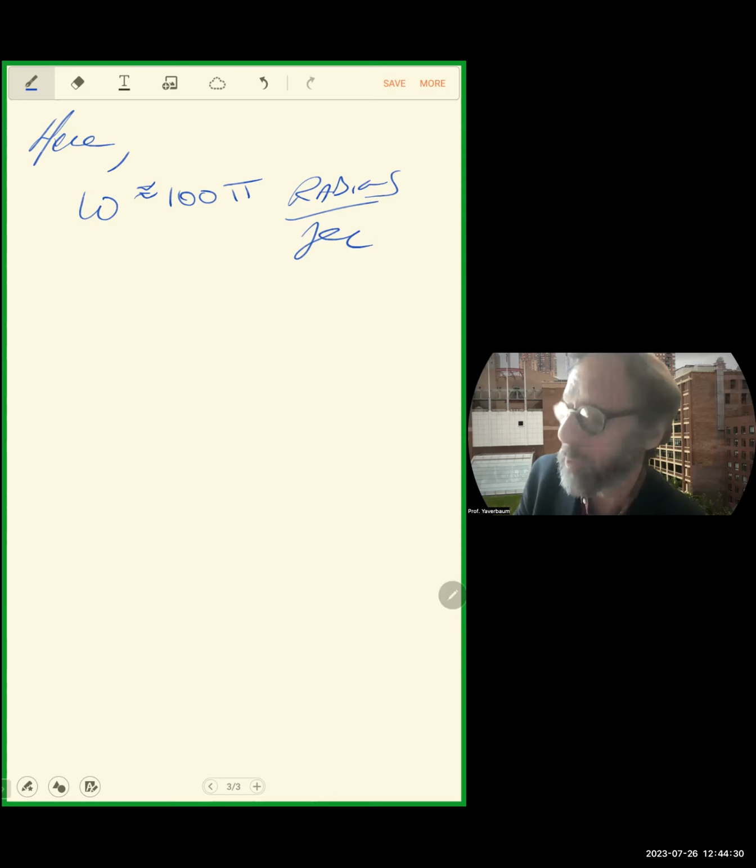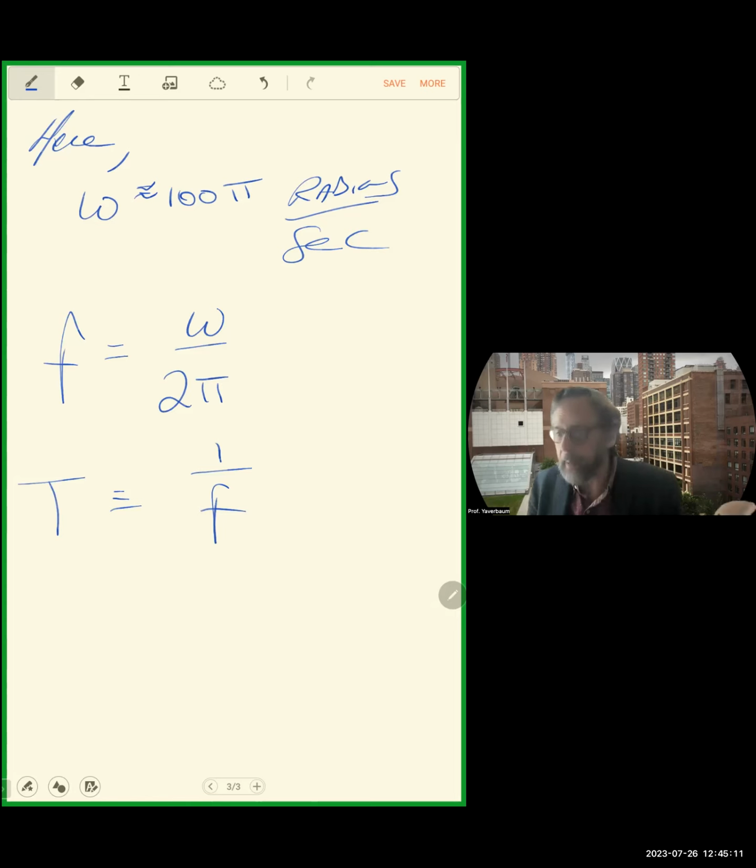So you can see why writing your angular frequency as 100 pi makes it easier to see right away the standard frequency. If the angular frequency is 100 pi radians per second, and you divide that by 2 pi, then you get, did I say 5? I think I mean 50.